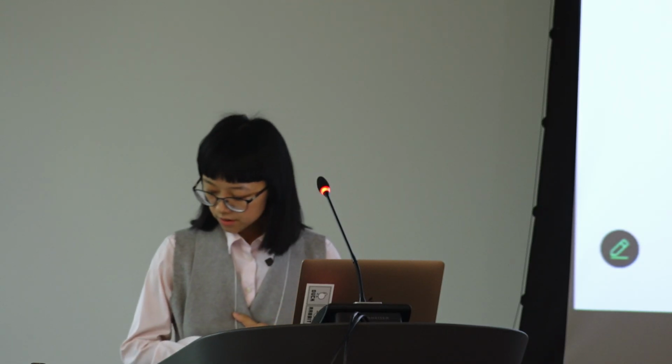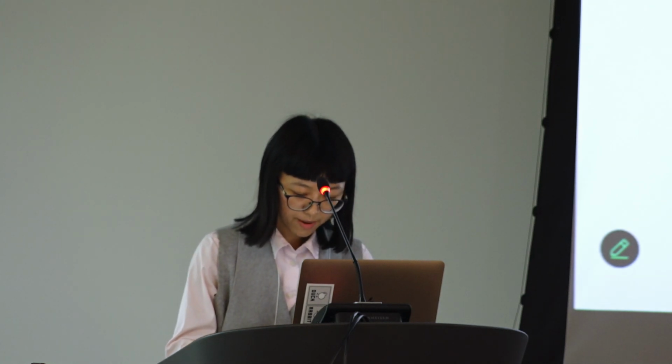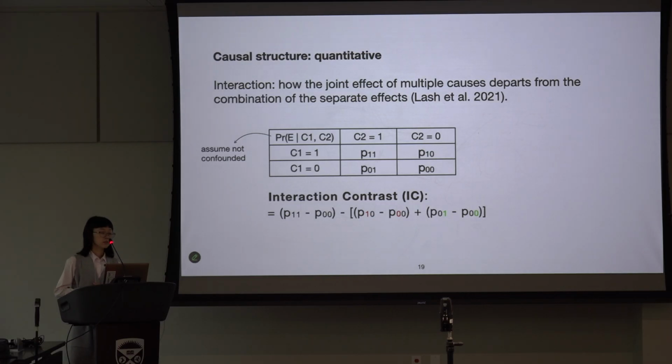Now, is there an interaction between C1 and C2? A measure of interaction in epidemiology is called interaction contrast. What it does is take the difference under exposure and without exposure.